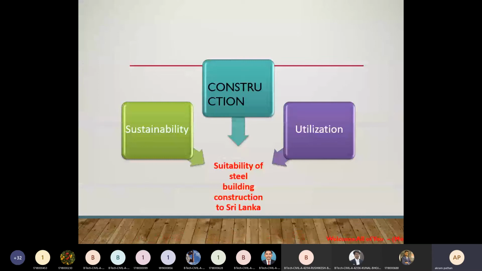So the suitability of steel building construction in case of any type of nations: the sustainability, then construction and the utilizations. So these are the suitability as per sustainability, construction point of view and utilizations.